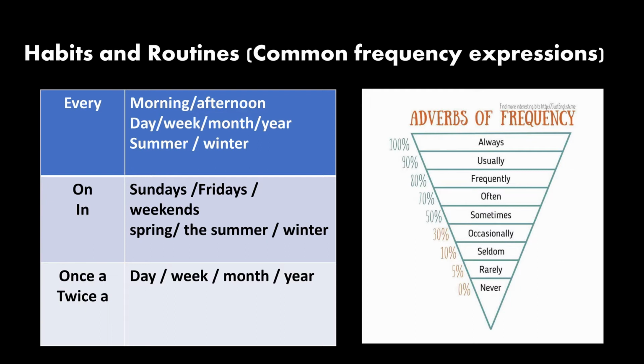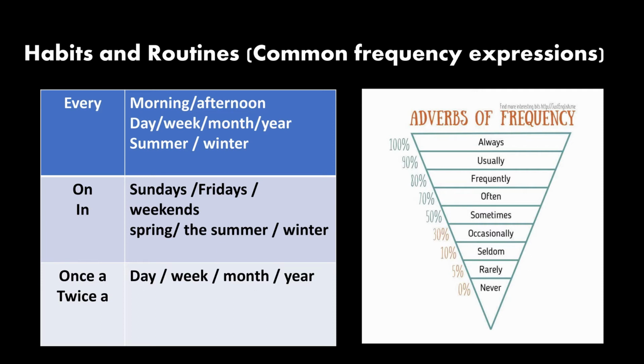Some of these are positive words like usually or often, which are marked in blue color, with percentages. And some are more neutral like sometimes, 50%. And there are some frequency adverbs that are negative like rarely.